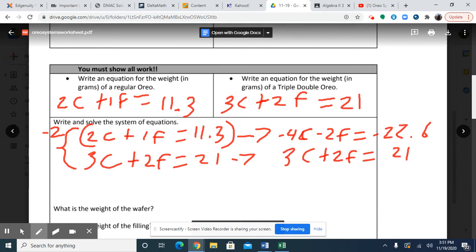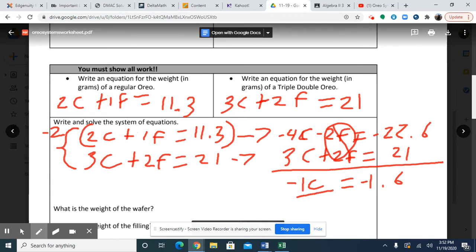And now we're going to combine them. If we combine -4C and 3C, that would give us -1C. -2F and +2F cancel out. And -22.6 plus 21 is -1.6.